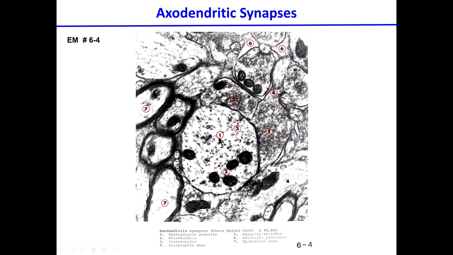All right? So this is a postsynaptic dendrite. This is the presynaptic axon. And then you can see typical structures that were seen before, like mitochondria. Some of the cells which are surrounding these are myelinated cells. These are astrocytes that are wrapping it only once.